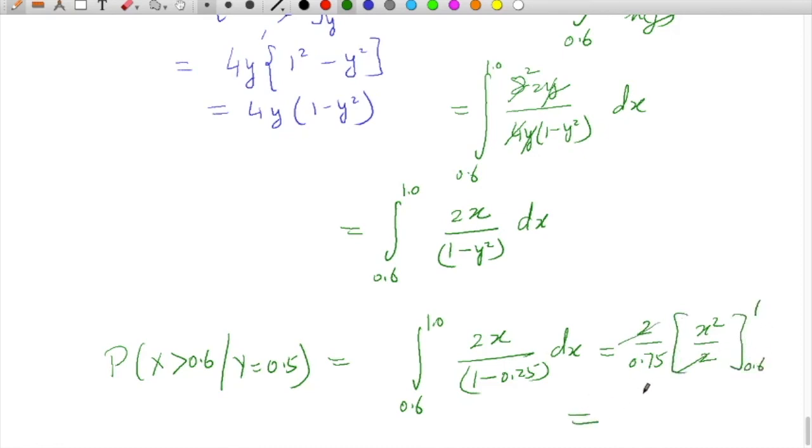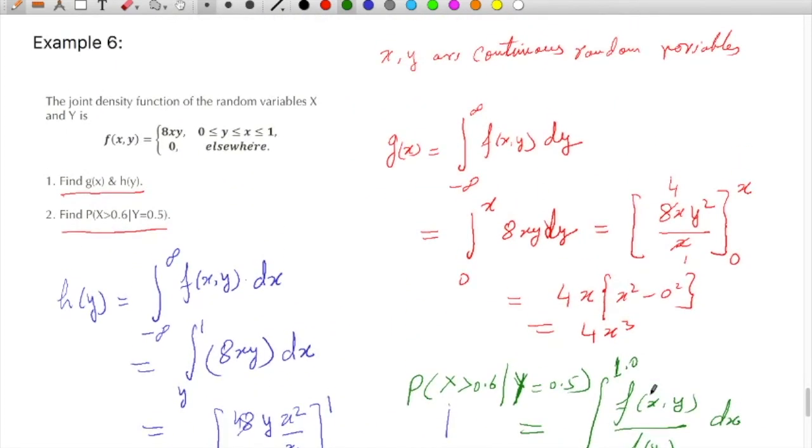So that will come out as 1 minus 0.36 divided by 0.75, which gives us 64 by 75 as the answer to this probability condition for the joint probability distribution.